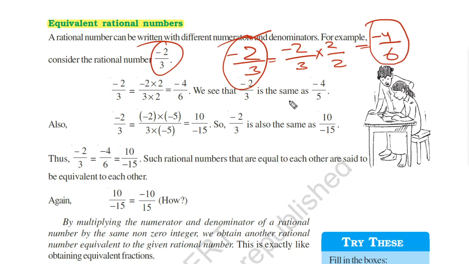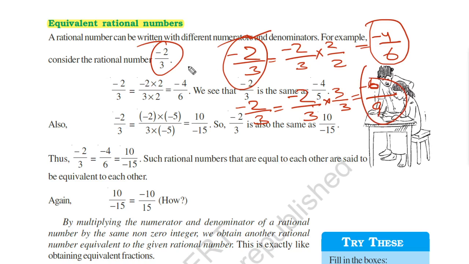So we can find several other equivalent rational numbers also, like minus 2 by 3, which will be equal to minus 2 by 3. Here we multiplied by 2 by 2, or we can multiply by 3 by 3 also. So it will be equal to minus 3 into 2, minus 6, divided by 3 3's are 9.